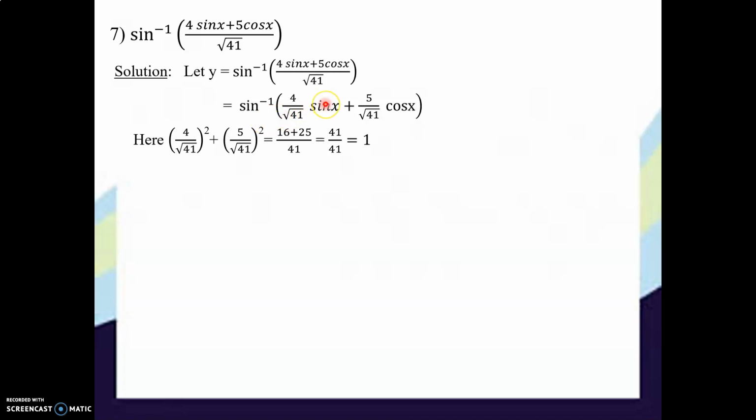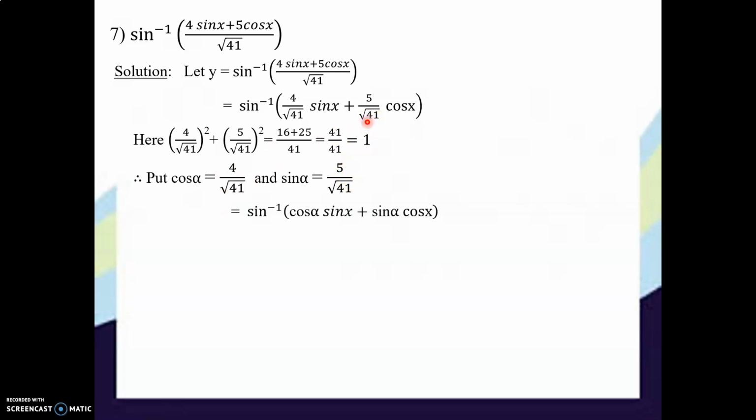So we know the formulas sine of a plus b, cos of a plus b, cos of a minus b, sine of a minus b. Utilizing that, you have to make it a sine function. So here we are giving 4 upon root 41 as cos alpha and sine alpha is equal to 5 upon root 41.